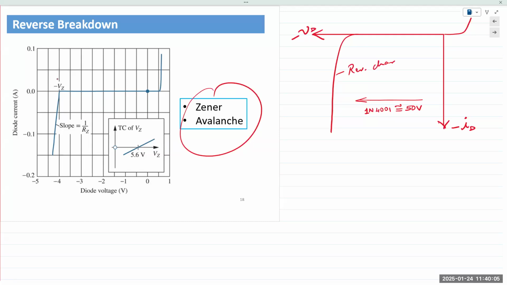That effect typically takes place in voltages less than 6 volts. The Zener effect is in heavily doped PN junctions.